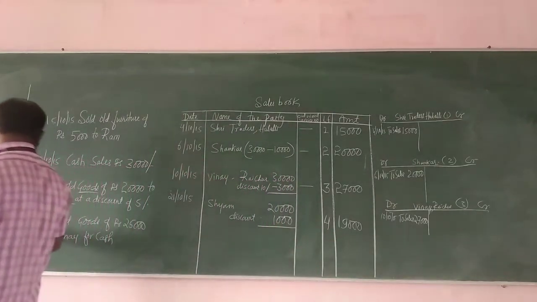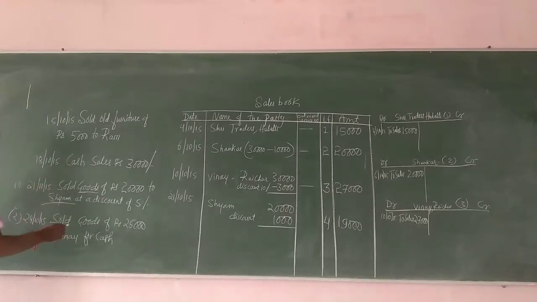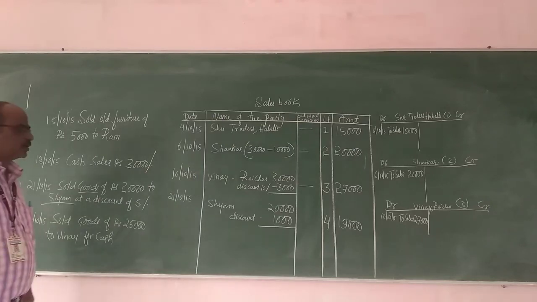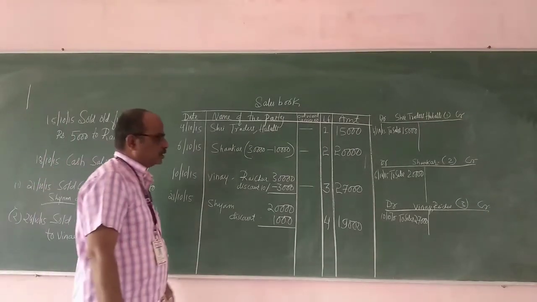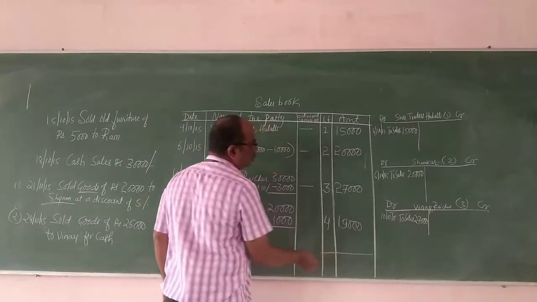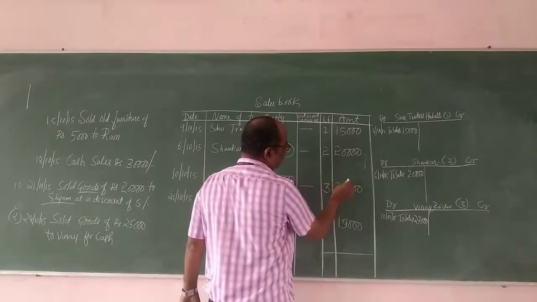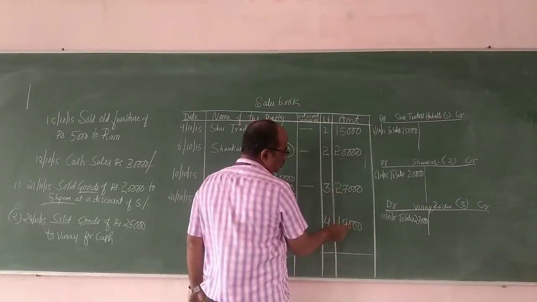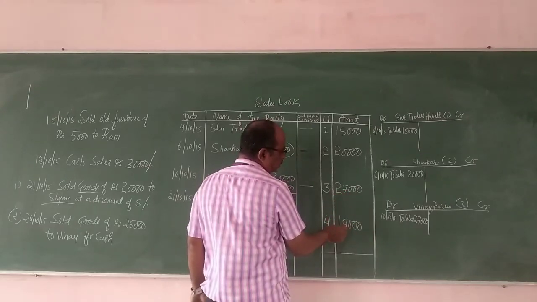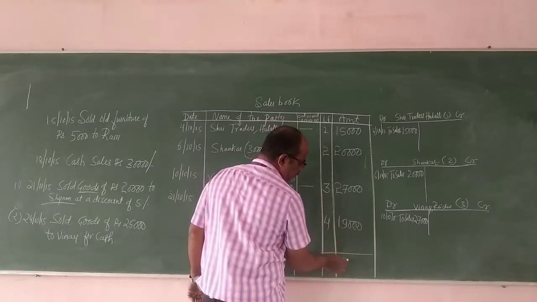So this transaction cannot be recorded because sold goods of rupees 25,000 to Vinay. If this could have been so much, you could have recorded this. But for cash, so since it is a cash transaction, it cannot be recorded in the sales book. So now, the total of this one is 35, 42, 62, 62 plus 9, 71, 81,000.